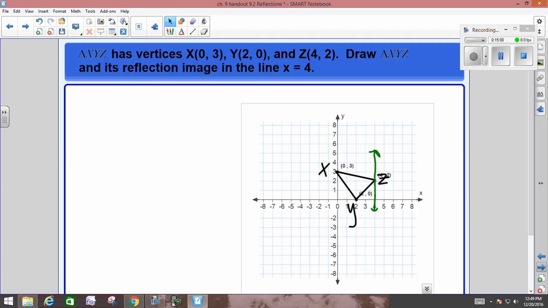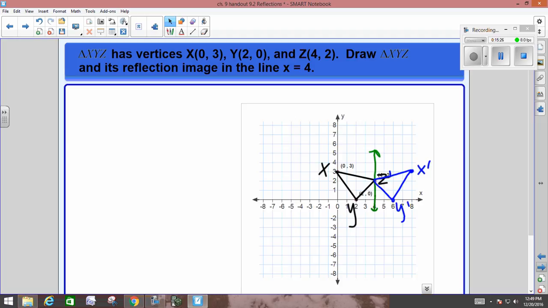So you can just count how far you are away and then mimic that on the other side. Your Z stays the same, it becomes Z prime. And then X and Y there are on the right.